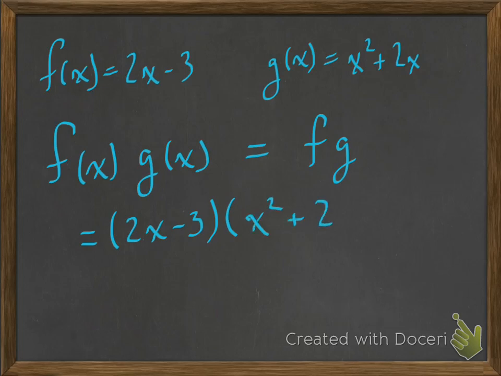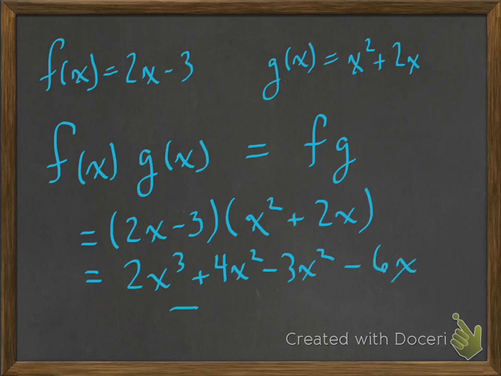Depending on the function itself, that could be a little bit more complicated, but the procedure is pretty obvious, I would hope. 2x times x squared is 2x to the third, and then 2x times 2x gives me 4x squared. And then negative 3 times x squared is negative 3x squared, and negative 3 times 2x is negative 6x.